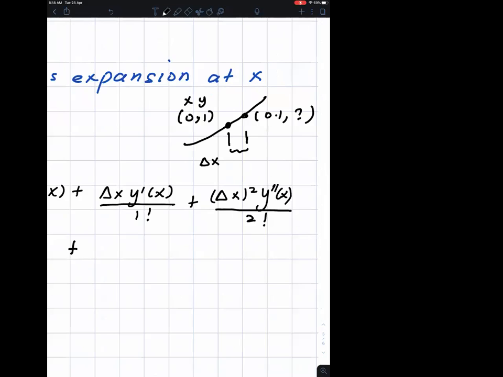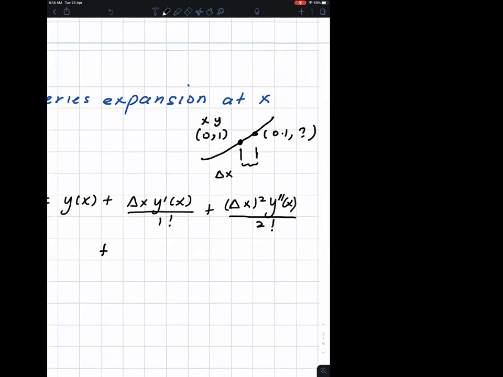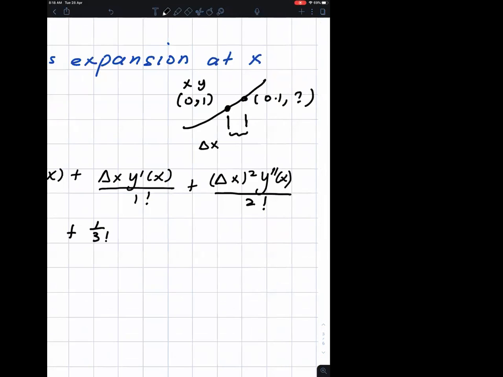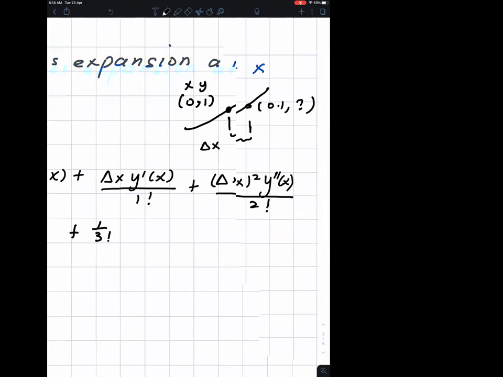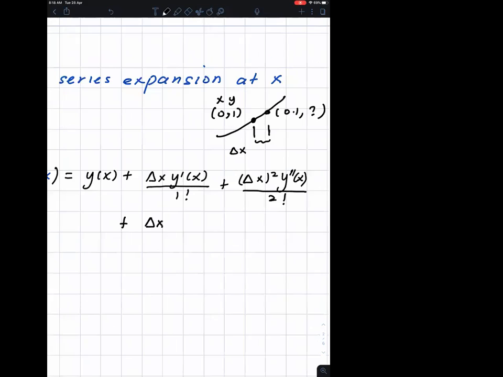And if you want a third order, which will give you more accuracy, it's plus delta x cubed y triple prime(x) divided by 3 factorial, and so on.